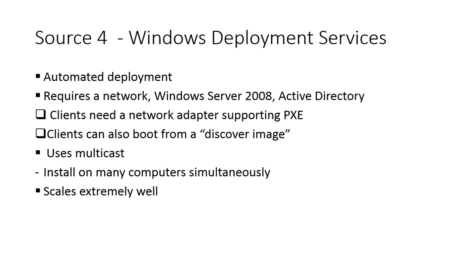Source number 4, Windows Deployment Services, also abbreviated as WDS. This is an automated deployment, as you can install Windows 7 on many computers, hundreds, thousands, even 100,000 computers simultaneously. It does require a network. It requires Windows Server 2008 and Active Directory.